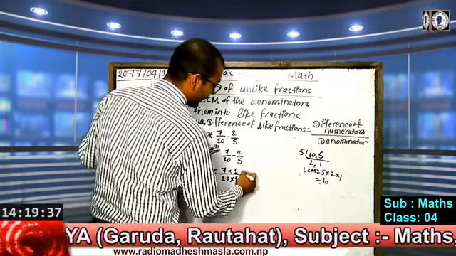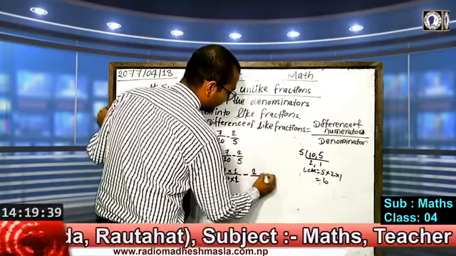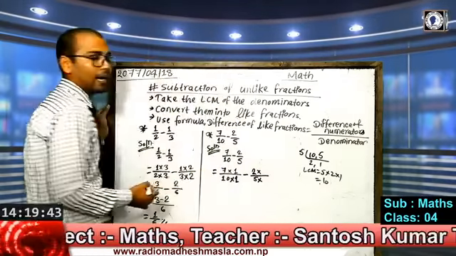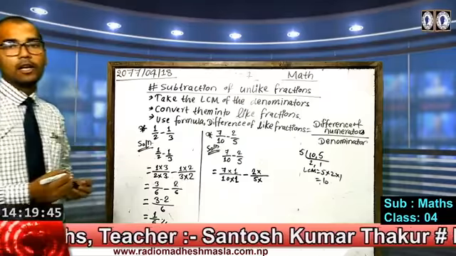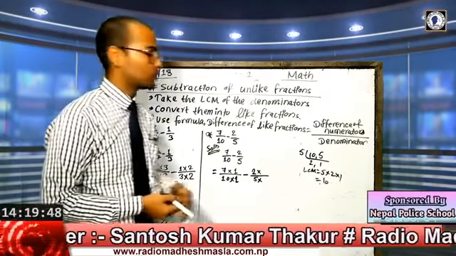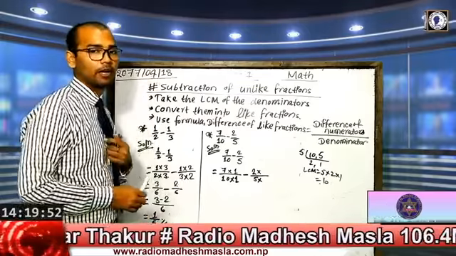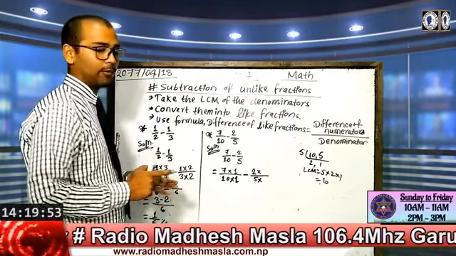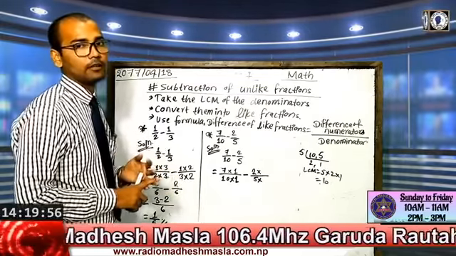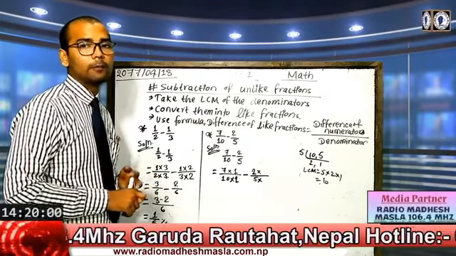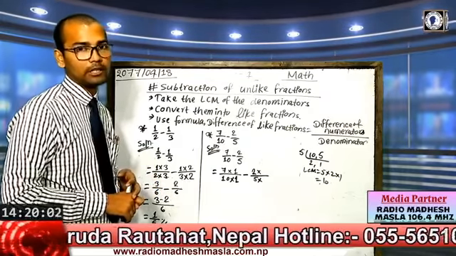In the same way, minus 2 by 5. By what number should 5 be multiplied to equal 10, our LCM? So 5 1s are 5, 5 2s are 10. It means when 5 is multiplied by 2, it becomes 10, which is our LCM.